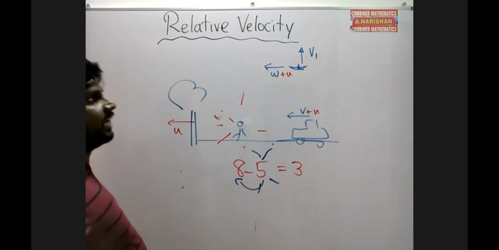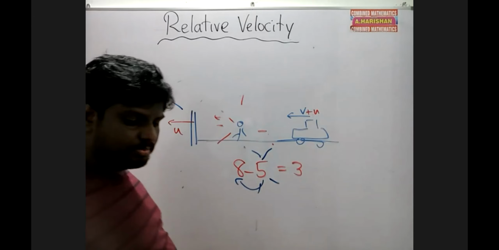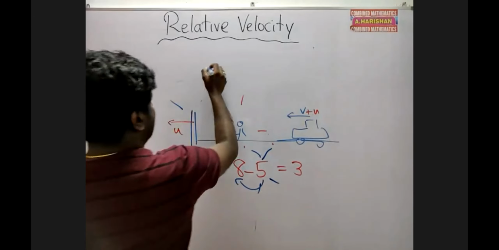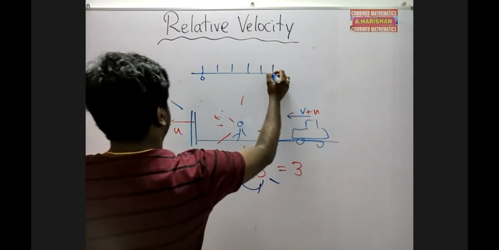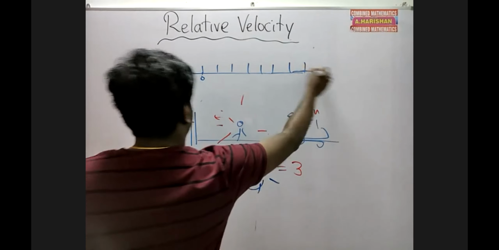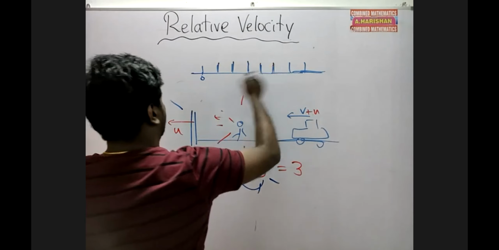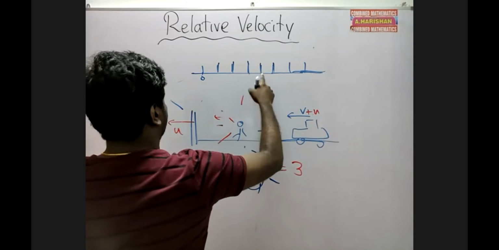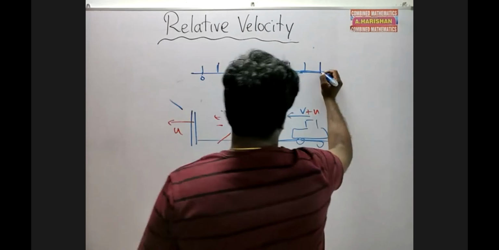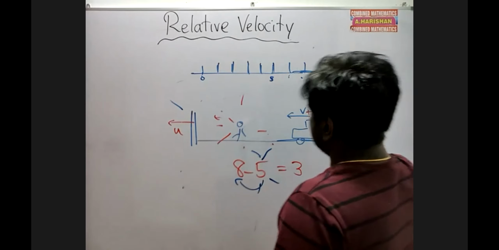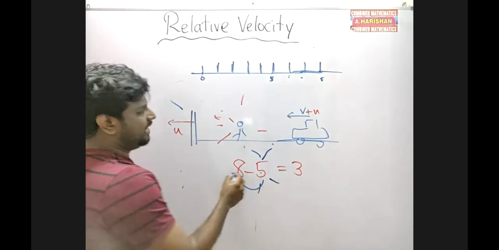For an example, I can explain this because I am explaining this here to help in other subjects. See, there is a 0, 1, 2, 3 like this. There are poles, or walls, whatever things. So 1, 2, 3, 4, 5. According to the origin, I say this is 5. Then 6, 7, 8. So actually, what is the meaning of this? That means 8 minus 5.